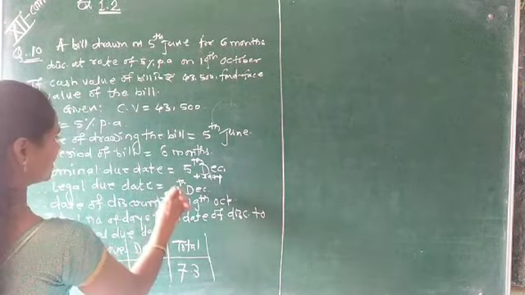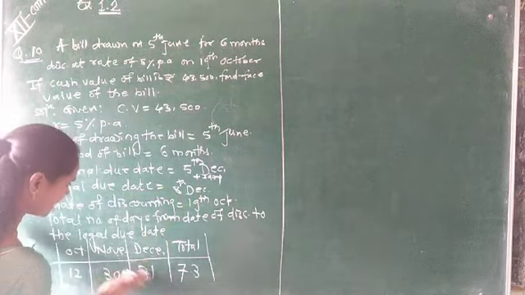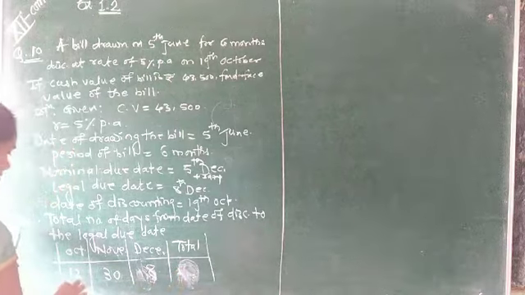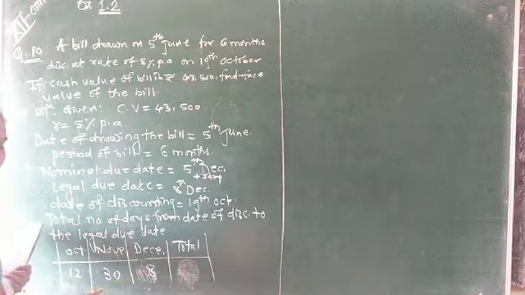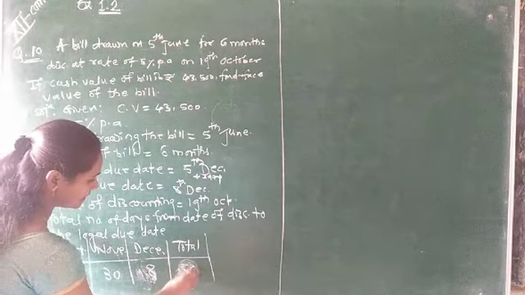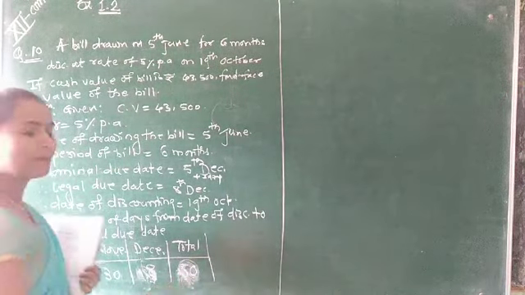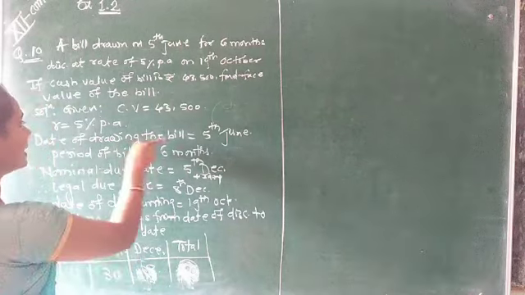Here the legal due date is 8 December, so I don't write 31. So 12 plus 8, that is 20, and 20 plus 30, hence it is 50 days. Therefore, the bill is paid 50 days before our legal due date.